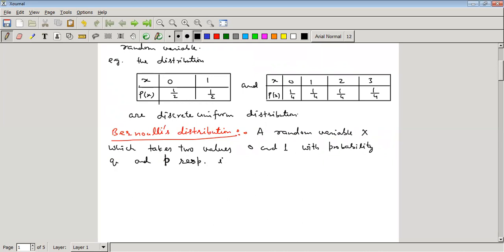That is, probability of X equal to 0 is Q, and probability of X equal to 1 is P. And we know that P plus Q equal to 1. So this implies Q is equal to 1 minus P. So if we know the probability of failure, then we can find the probability of success.